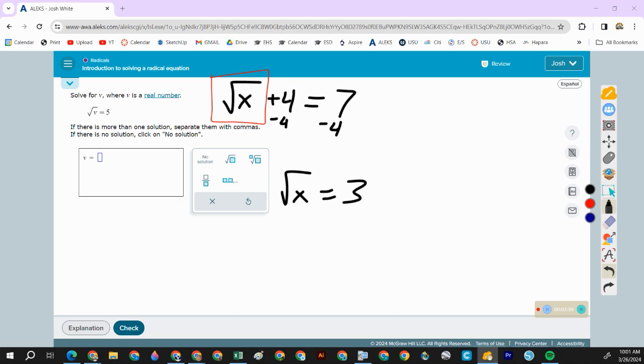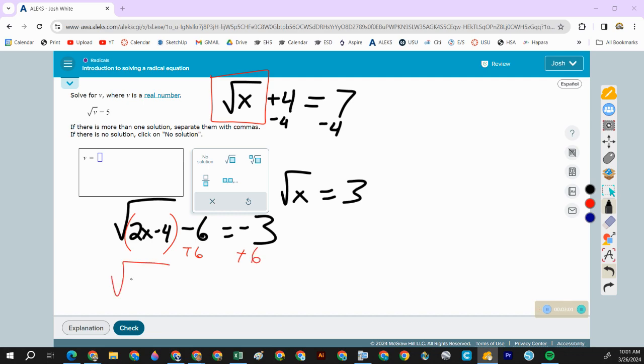A square root can equal positive 3. What if I had the square root of 2x minus 4 minus 6 equals negative 3? Is that okay? It doesn't look like it to begin with because we have a negative on the other side. But if I add 6, then I get the square root of 2x minus 4 equals 3, and that will work.